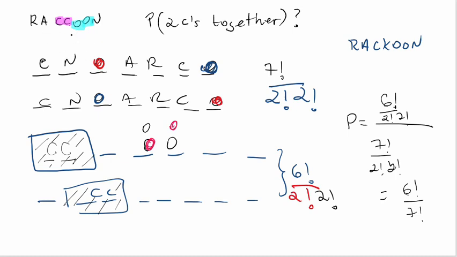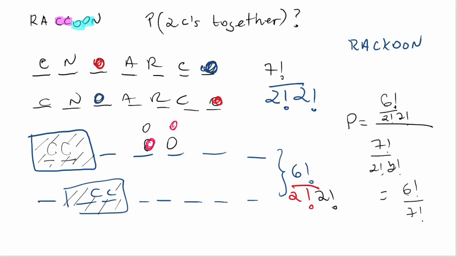So what's the total number of cases where you're arranging this word at random? What is the total number of permutations that you can have?